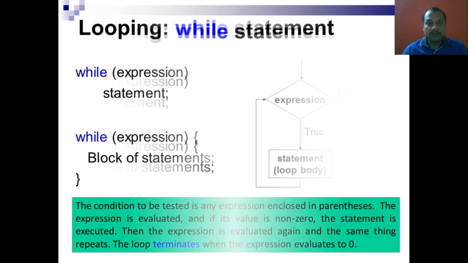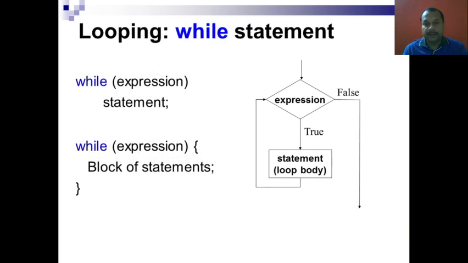Now, if I draw one flow diagram, it will look like this. The initial flow is coming from the top, following this vertical arrow. Then the expression will be tested. If you draw a correspondence between this expression and the while expression, this expression will be tested. If it is true, then only the statement or block of statements will be executed, otherwise it will not be executed.